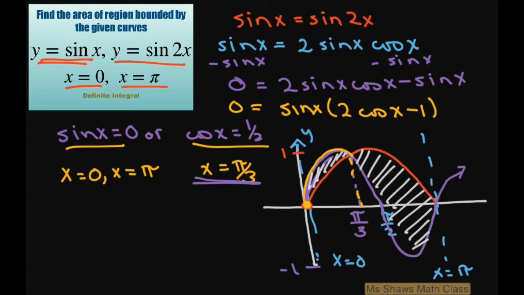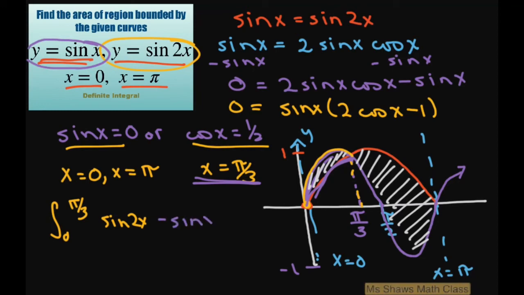The upper part is sine of 2x, and the lower part is the red one. The shaded region is bounded by, and I'll write this in purple, so you're going to subtract sine of x, dx.